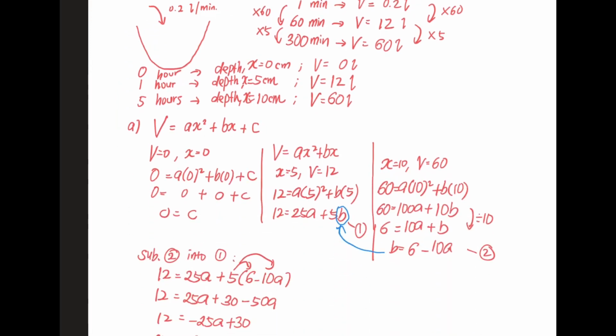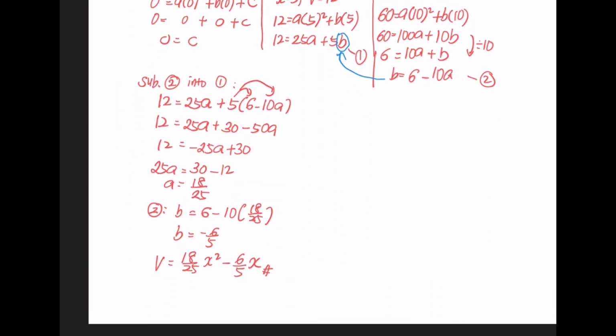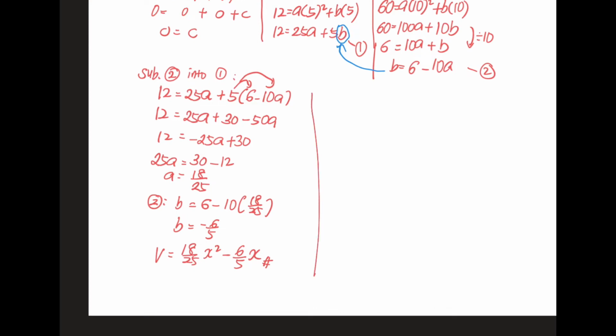So let's do it here. Part B. Given x equal to 20. We use 20 to find the volume first. To find the volume, I substitute 20 here and here.